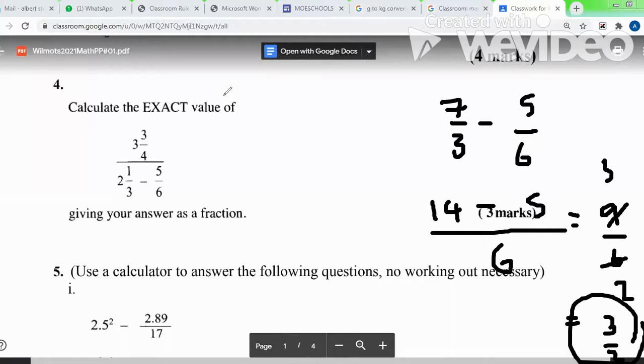All right. So when you work out the bottom piece here, what do we get in its simplest form? 3 over 2. And we have 3 3/4, which is 15 over 4. So this bar here means divide.